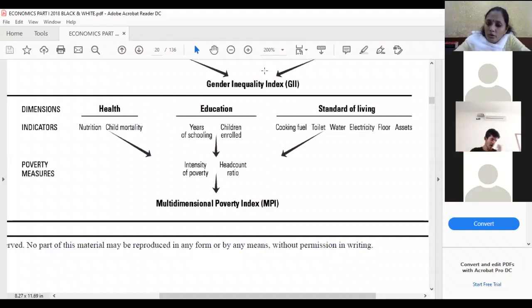Now, when you come back to UNDP, what is that income? That income is what is actually called the poverty line. How do you estimate the poverty line? We will discuss in another class. All I am trying to tell you is the Indian government has a method of calculating how much minimum amount every person should have as an income in a day. That was brought by the Tendulkar committee.